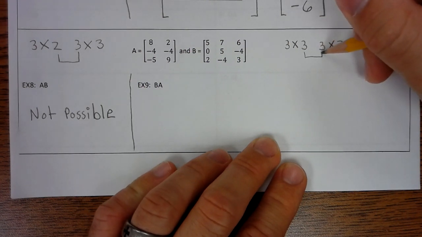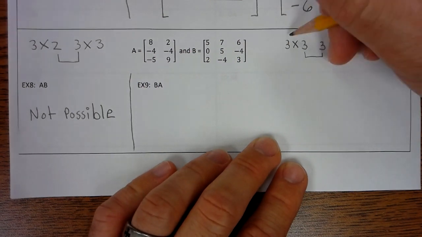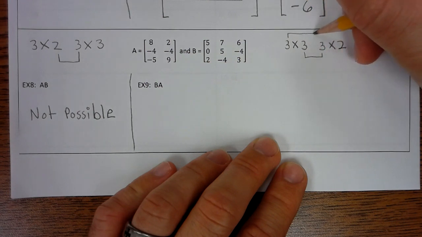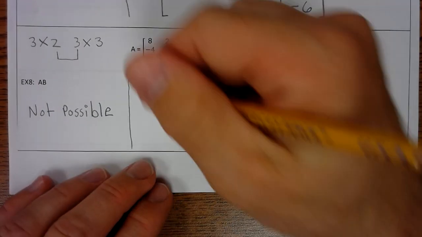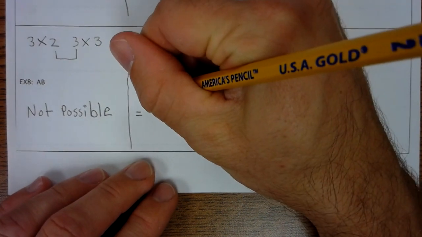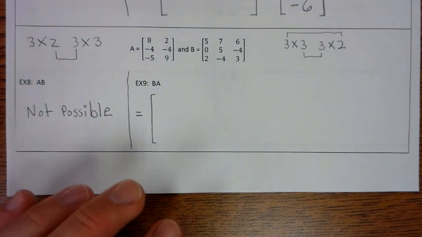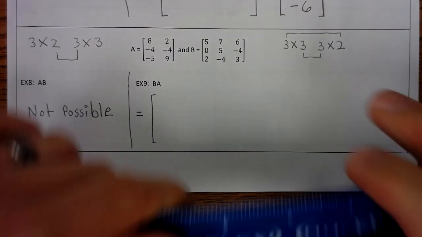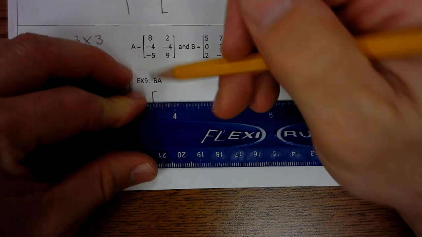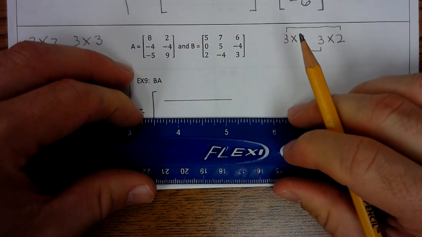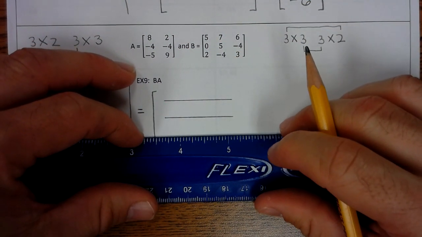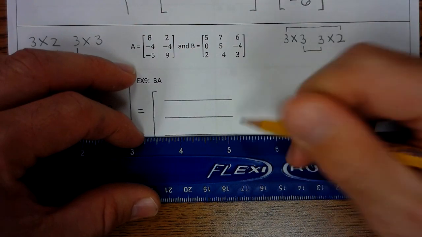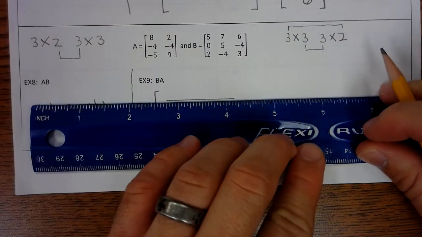The middle dimensions match, so we know our new matrix is going to have 3 rows, 2 columns.